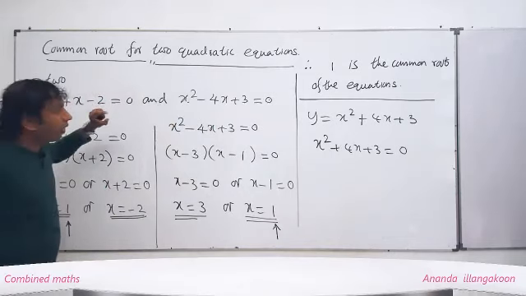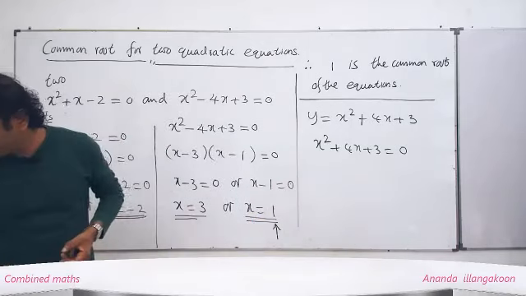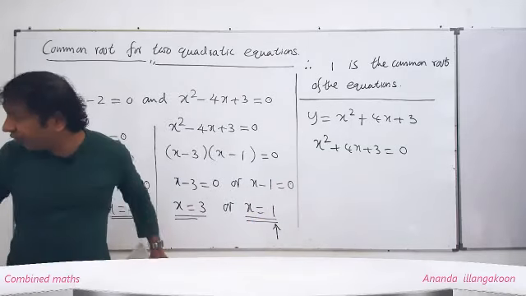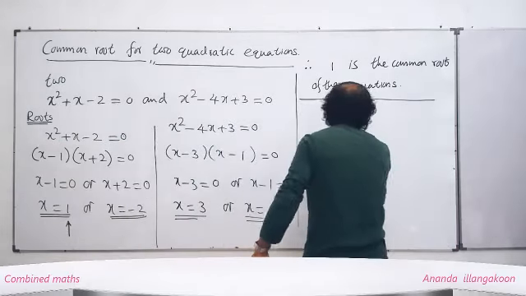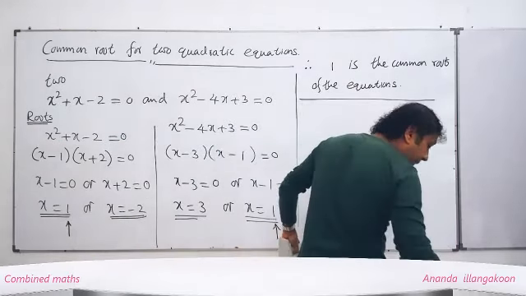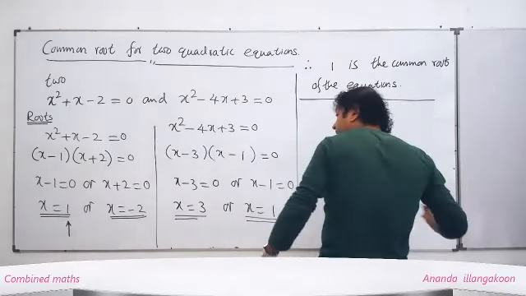When we draw the rough sketch, we can see in graphical form the meaning of the common root. If I draw the corresponding graphs, you can very clearly see the graph having the roots 1 and minus 2. I am going to draw that one.